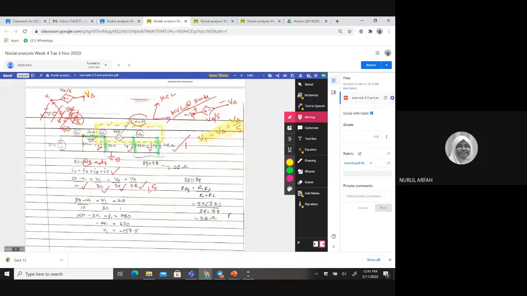Is it clear or not? Yes, ma'am. Okay, alhamdulillah. So you have to simplify this part and simplify this part. But what is V delta? Ke ada? Ke tak payah? Tak payah. Because we have two unknowns here, and this one also has two unknowns, V delta and V1.